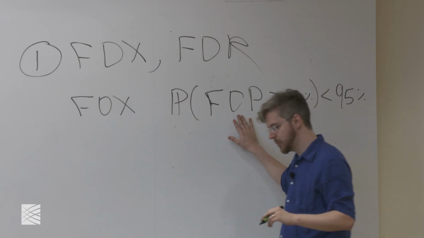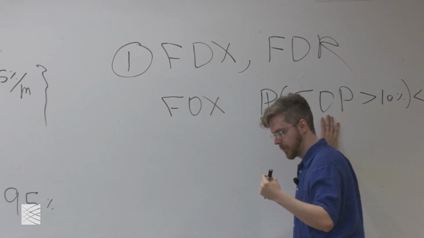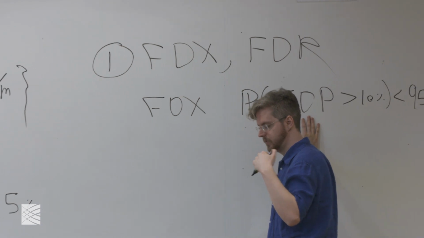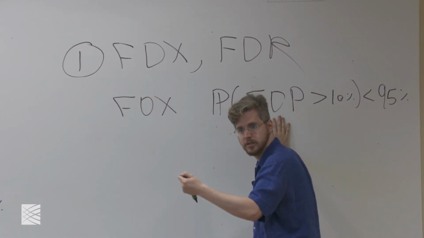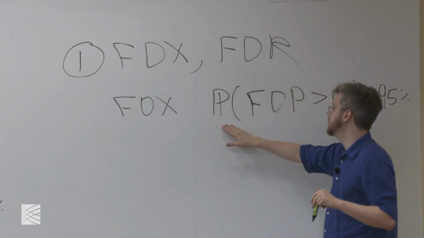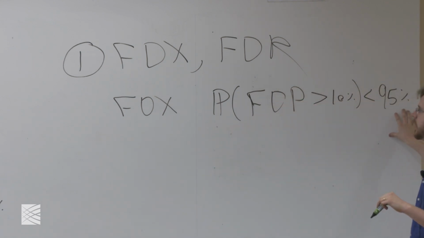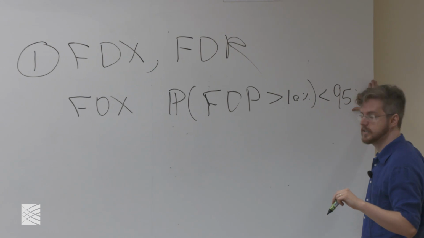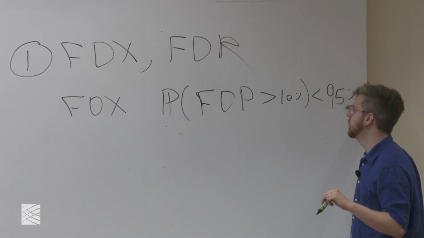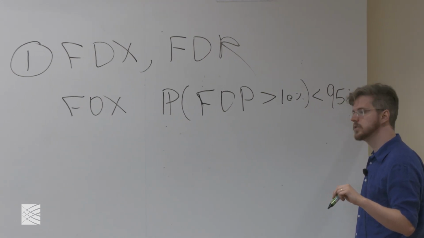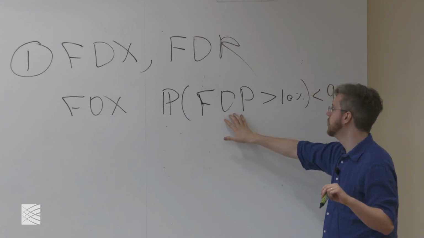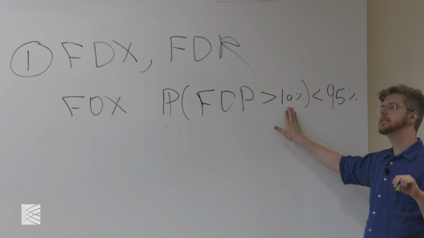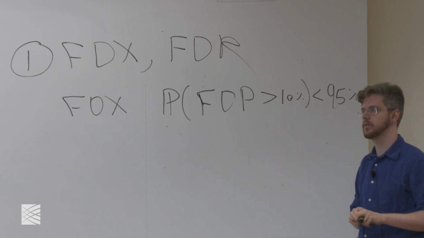Remember the false discovery proportion, it's the proportion of the discoveries, the hypotheses that you rejected, which you should not have rejected. That's what the false is. So if you have an algorithm that controls FDX, it has to satisfy this inequality. What does the X stand for? False discovery exceedance. Here's the false discovery proportion. You want to make sure that the chance that it exceeds 10% is less than 95%.